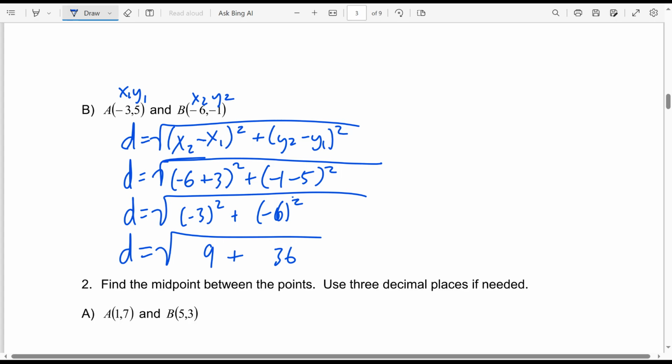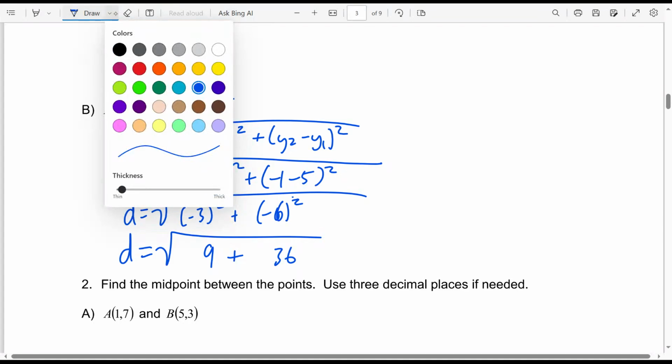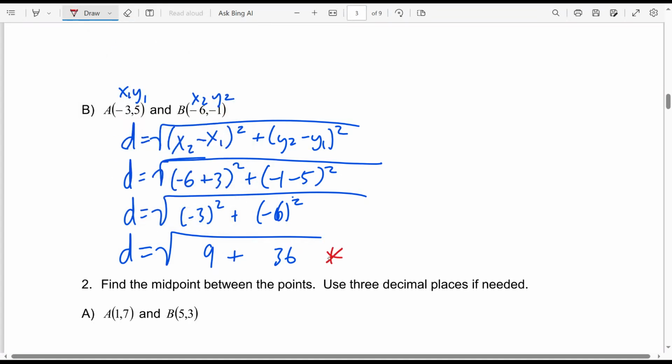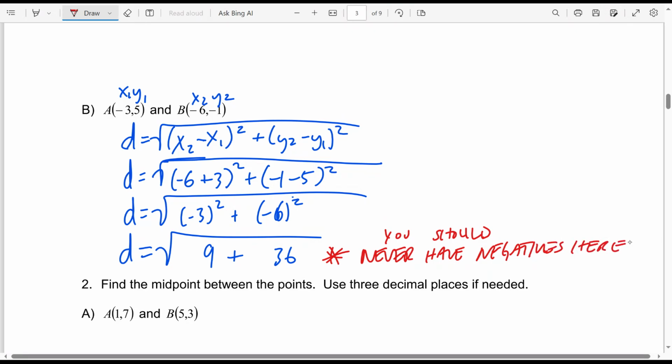You should never have negatives here. Write that down right here.